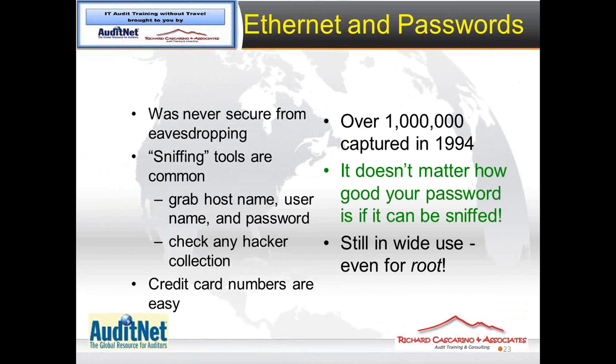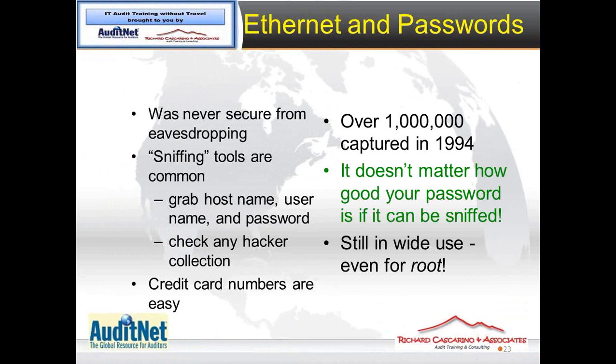We still use Ethernet communication as a basis, okay, in many organizations. A lot of financial institutions will not allow you to use wireless networks within the office. Everything has to be done via Ethernet. Problem, it was never secure from eavesdropping.